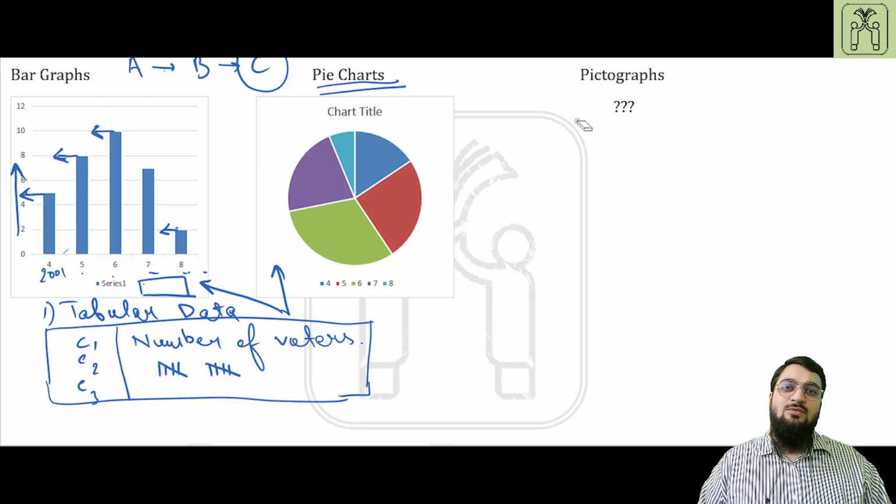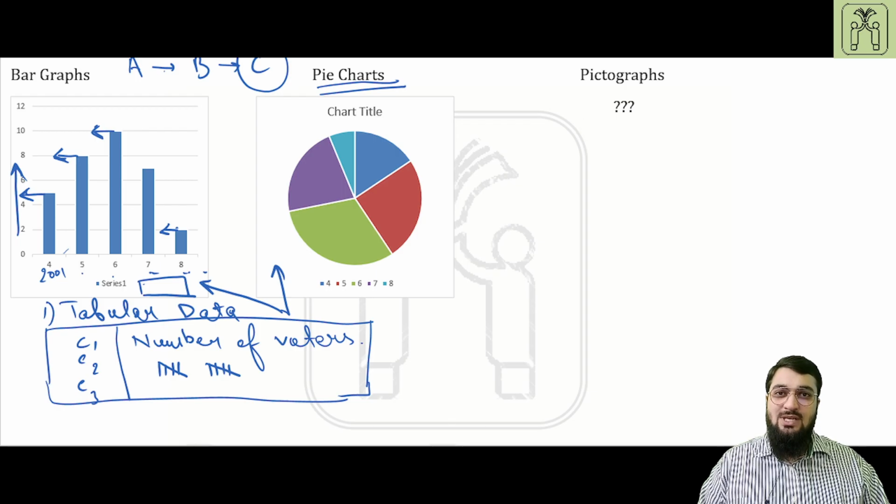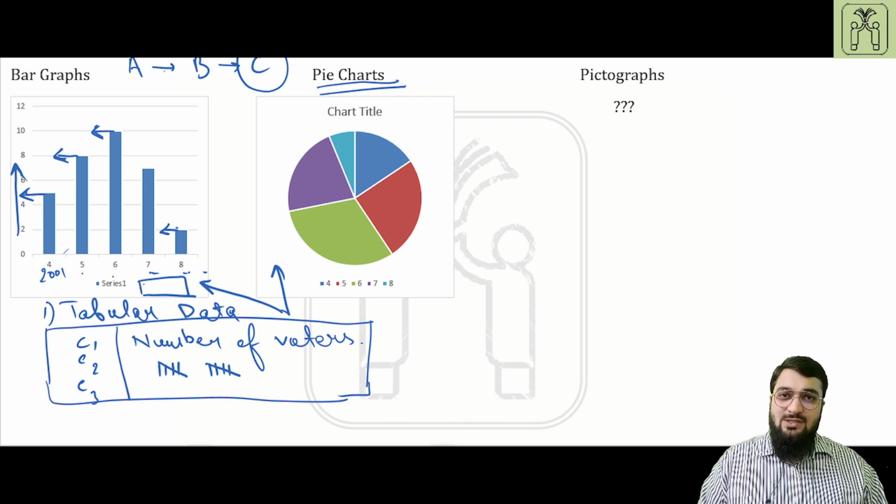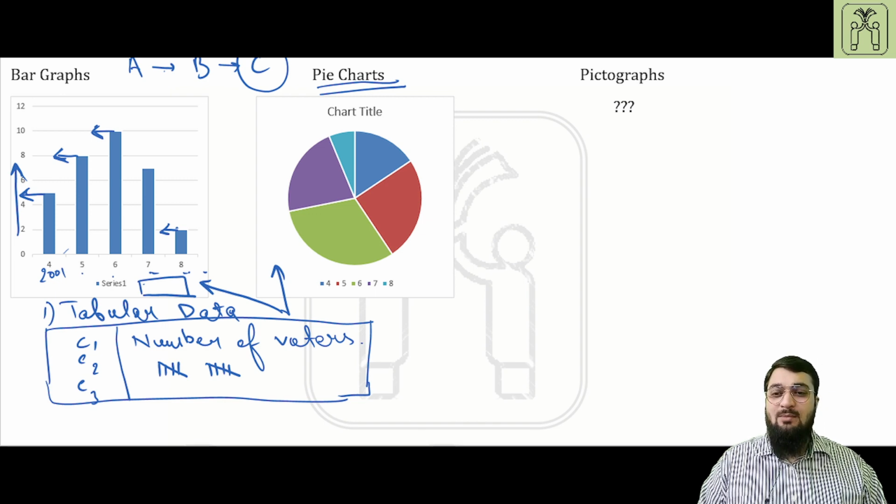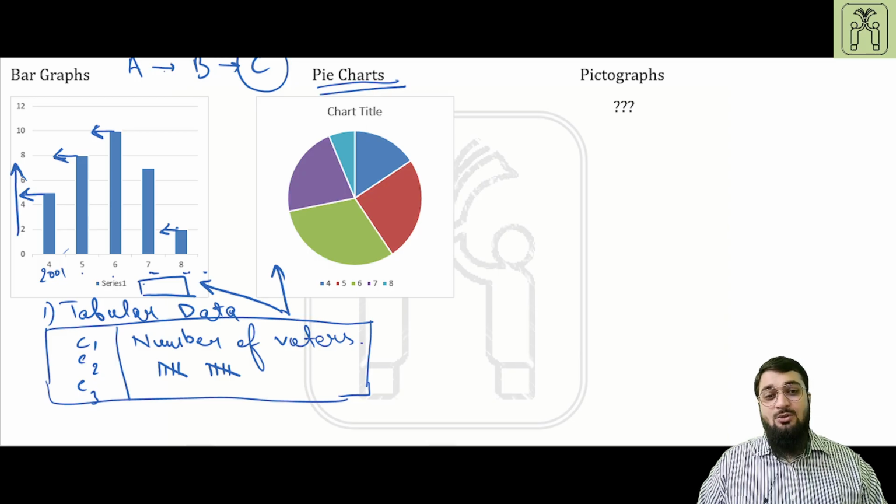A pictograph uses pictures rather than sticks or bars like bar graphs, in order to represent data.